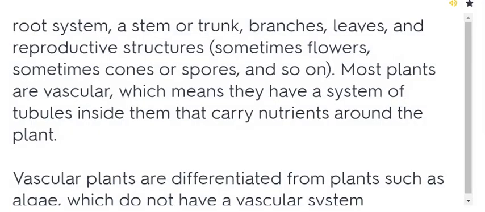Plant structure. Root system, a stem or trunk, branches, leaves, and reproductive structures. Most plants are vascular, which means they have a system of tubules inside them that carry nutrients around the plant. Vascular plants are differentiated from plants such as algae, which do not have a vascular system.